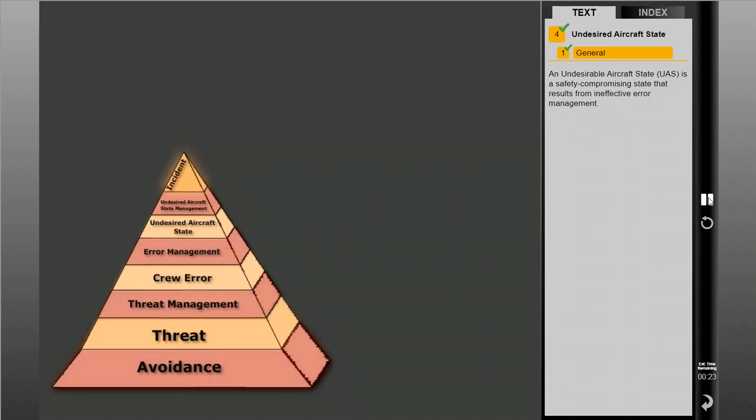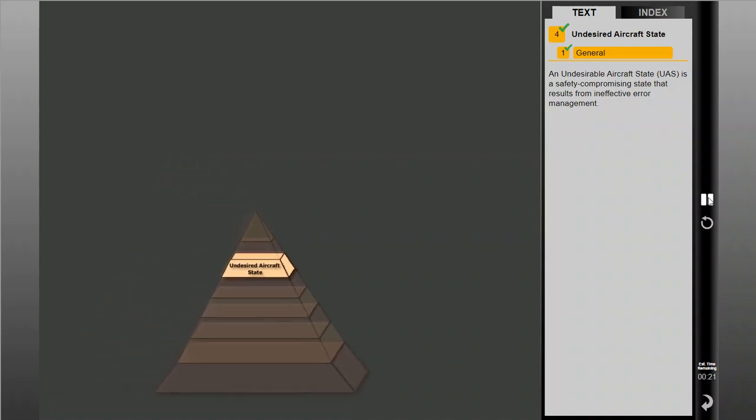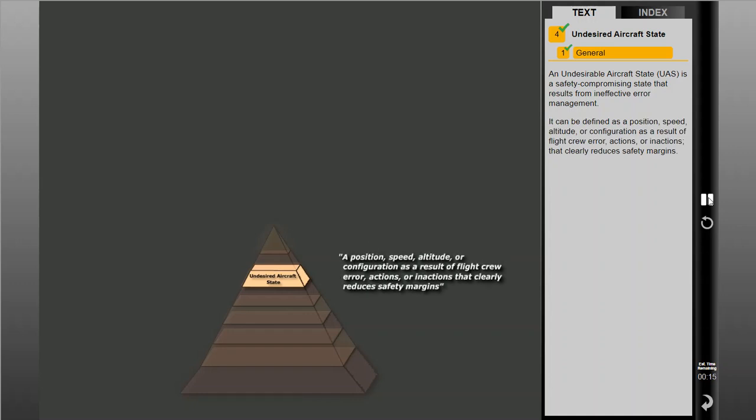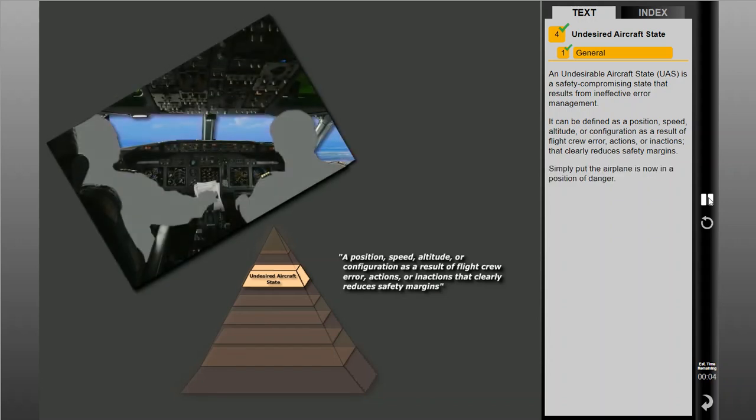An undesirable aircraft state is a safety-compromising state that results from ineffective error management. It can be defined as a position, speed, altitude, or configuration as a result of flight crew error, actions, or inactions that clearly reduces safety margins. Simply put, the airplane is now in a position of danger.